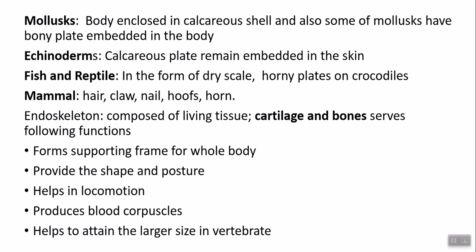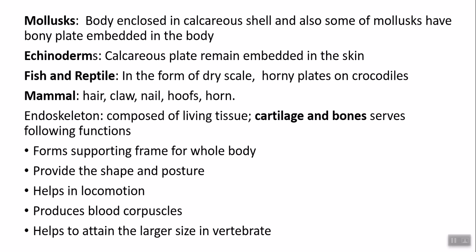Mollusca. The body is enclosed in a calcareous shell and some mollusks have a bony plate embedded within the body. So this is the first group of animals which shows both exoskeleton as well as endoskeleton. Exoskeleton, you have seen the shell of the snail, which the snail carries throughout, and that is an exoskeleton.